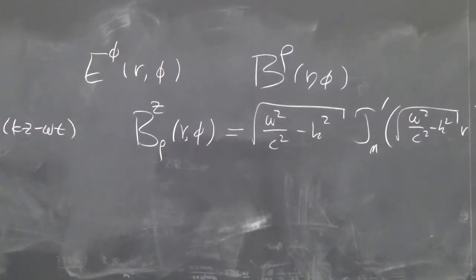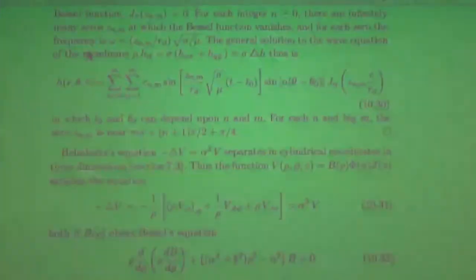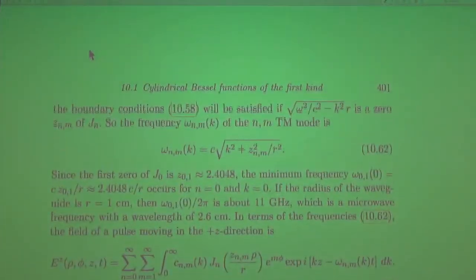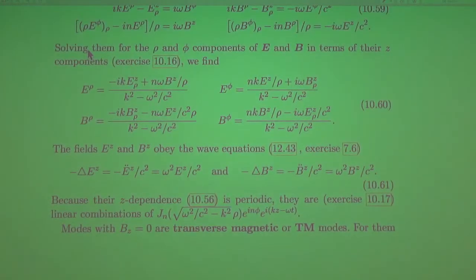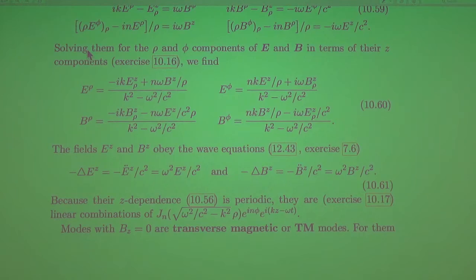So if we look at those equations for 1060, that shows you that E_phi is proportional to E_z, which is 0, and then the rho derivative of B_z.